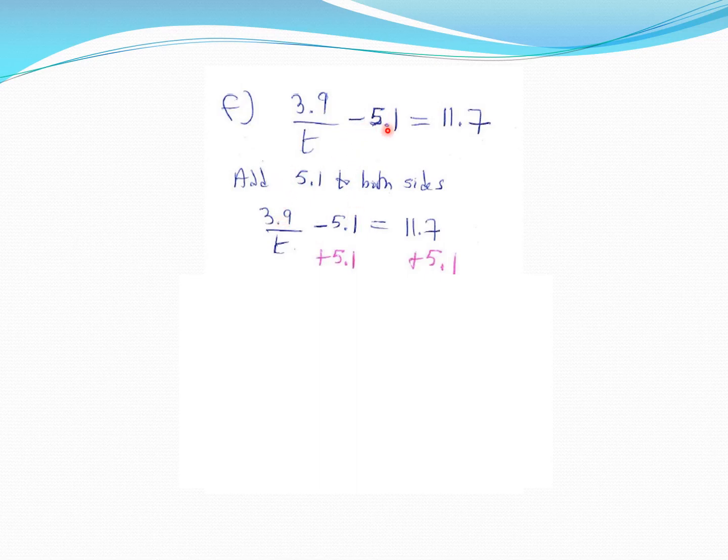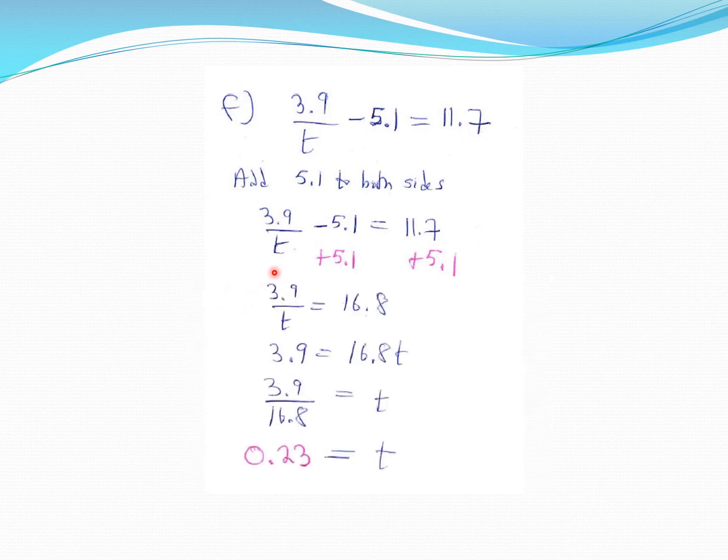So minus 5.1 plus 5.1 gives us 0. And then we have 11.7 and we add 5.1. So now that we've added 5.1 to both sides, we carry on. So 3.9 over t plus 0 is still 3.9 over t equals 11.7 plus 5.1, and that gives us 16.8.